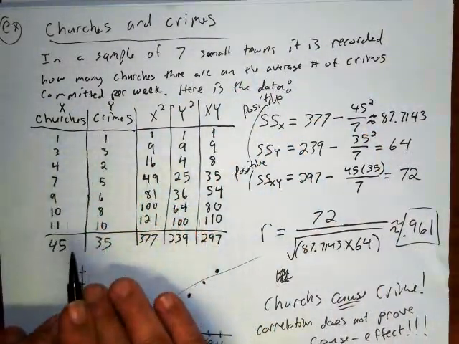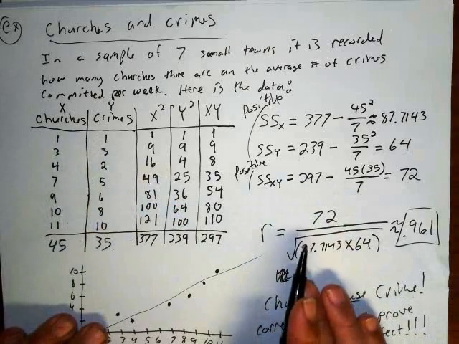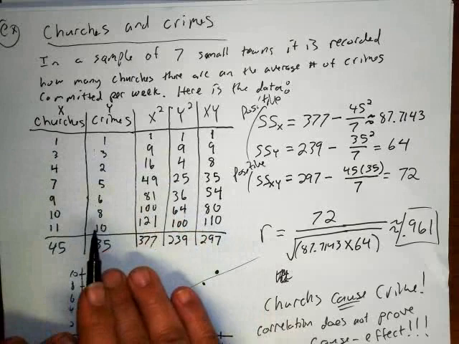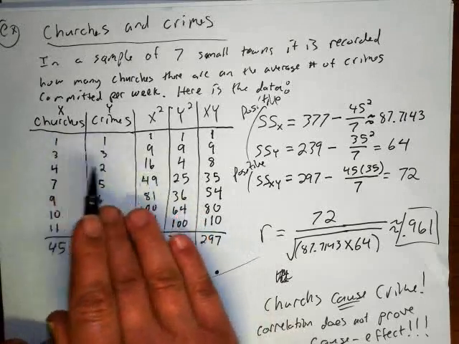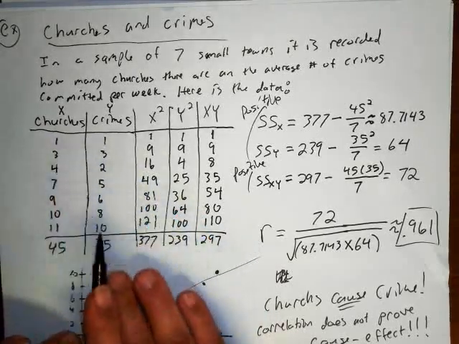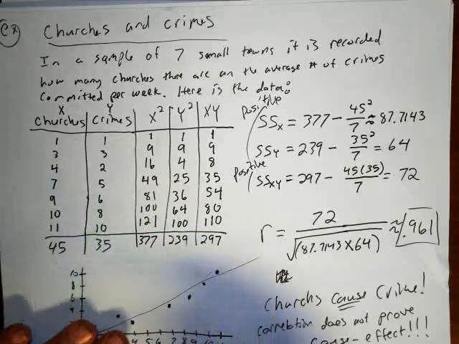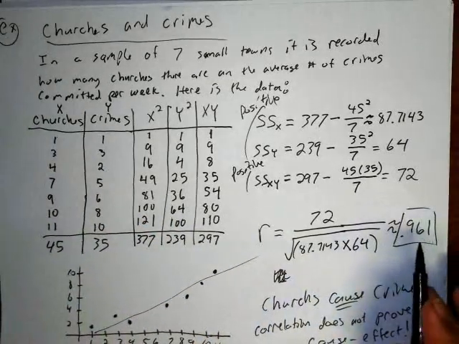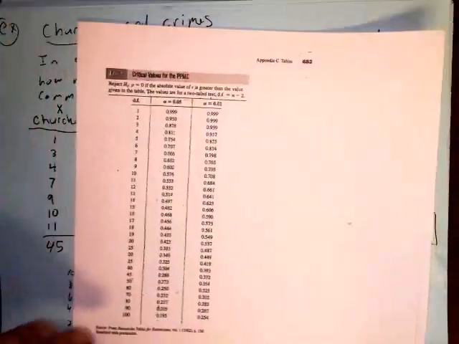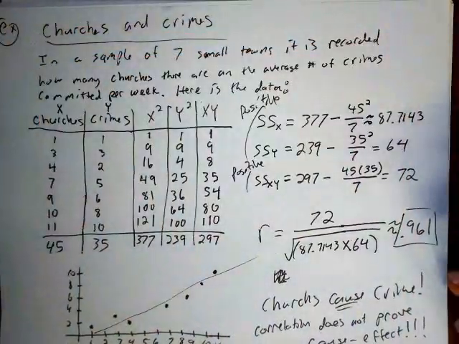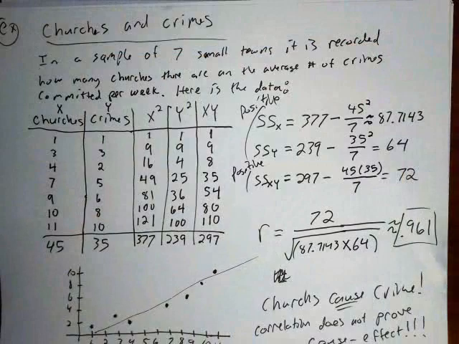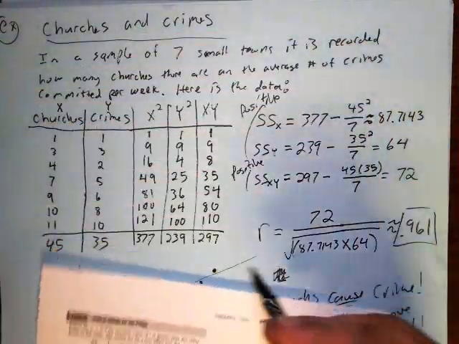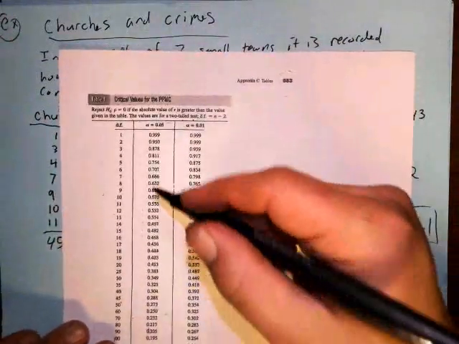You had a sample of 7 small towns, and we recorded the number of churches and the average number of crimes per week, and we saw that there was a very strong correlation between the two. And in fact, if we use an alpha of even 0.01, I think, the degrees of freedom would be 5.